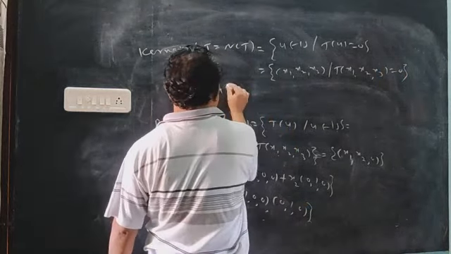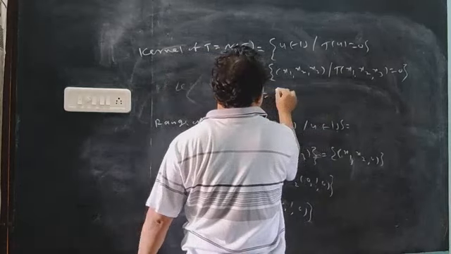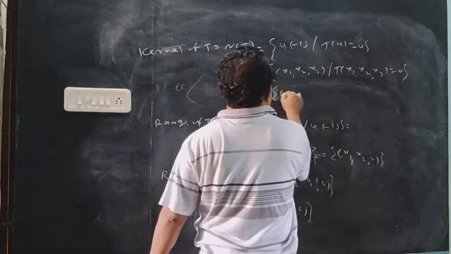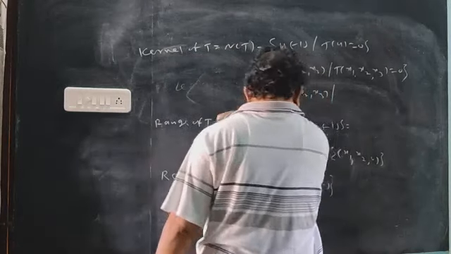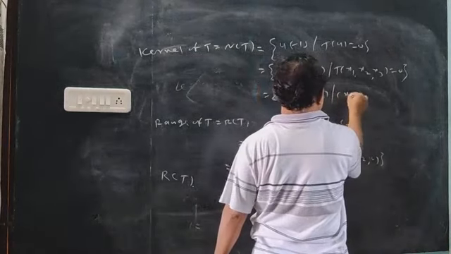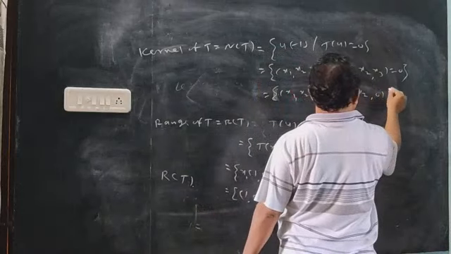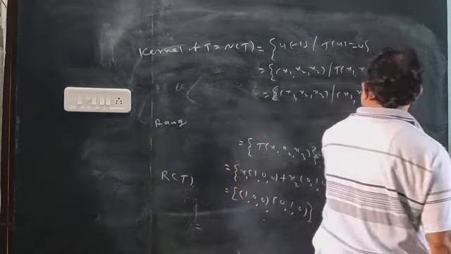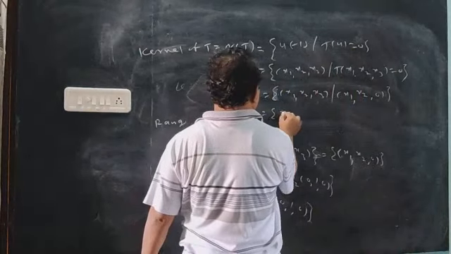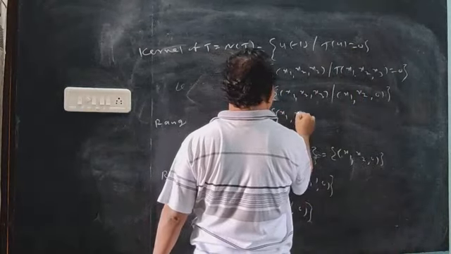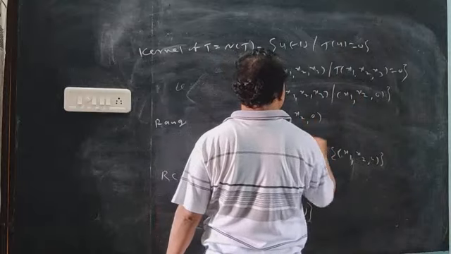So T of (x1, x2, x3) is, like this, (x1, x2, 0). Yes, the third will be 0; x1 same, x2 same, x3 will be 0.